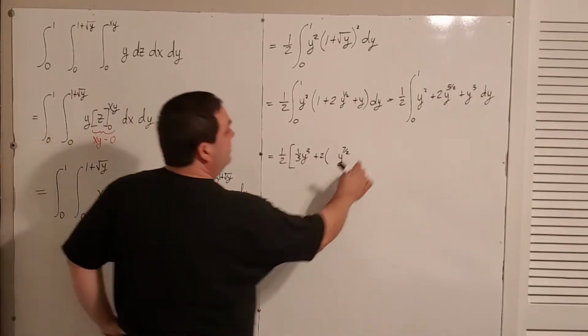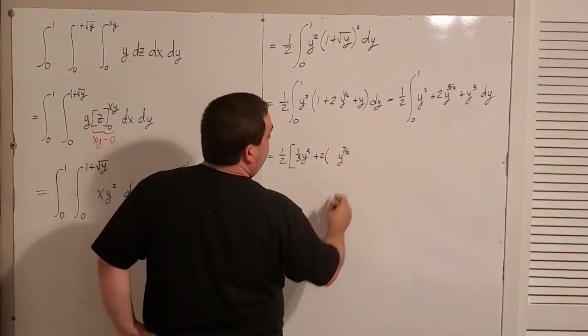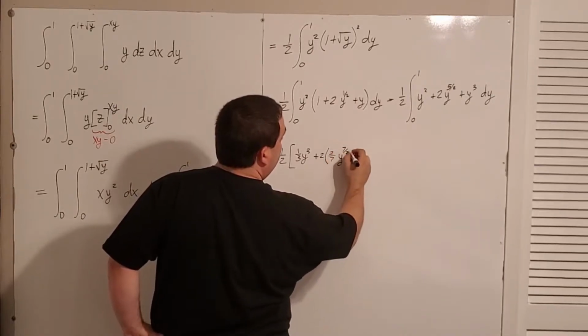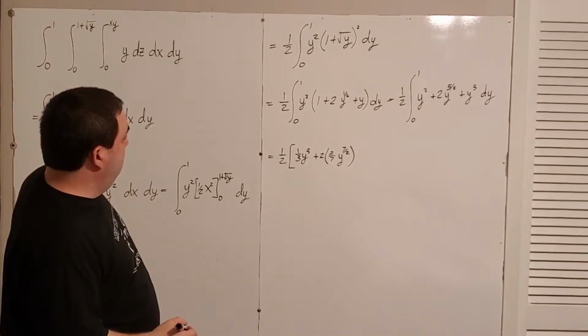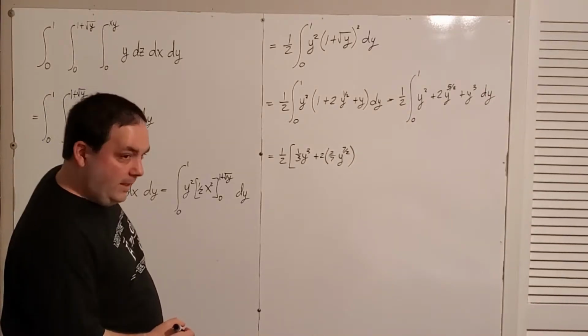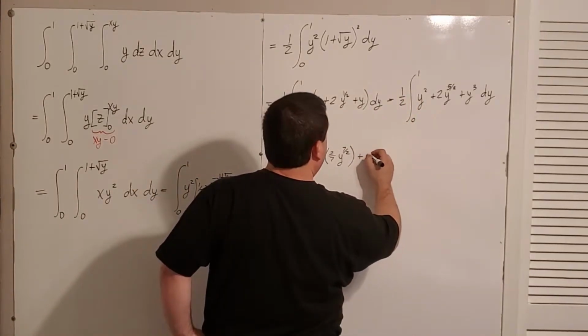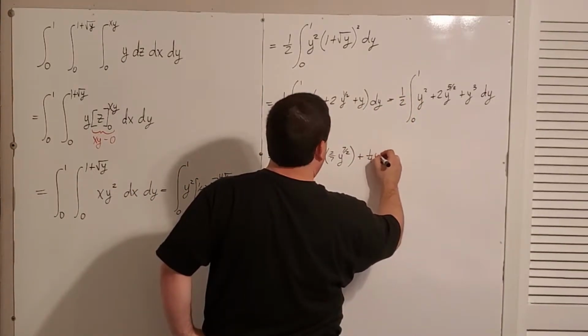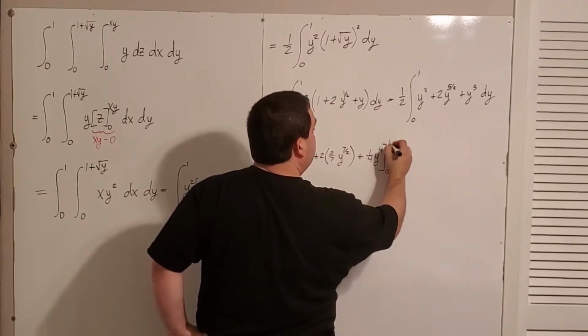Y to the 7/2, because I'm adding 1, right? And then I've got to divide by that. So 2/7, like so. Okay. And then lastly, I've got 1/4 y to the 4th. And that's being evaluated from 0 to 1.